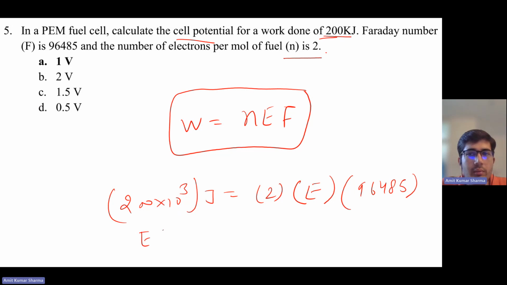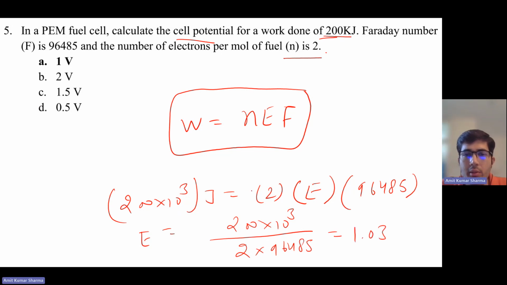So E will be 200 into 10 to power 3 upon 2 into 96485, which becomes 1.03 volt. We multiply 200 by 10 to power 3 because the work is given in kilojoule, and divide by 2 times 96485. So the voltage is 1.03 volt, and the nearest option is option A, 1 volt.